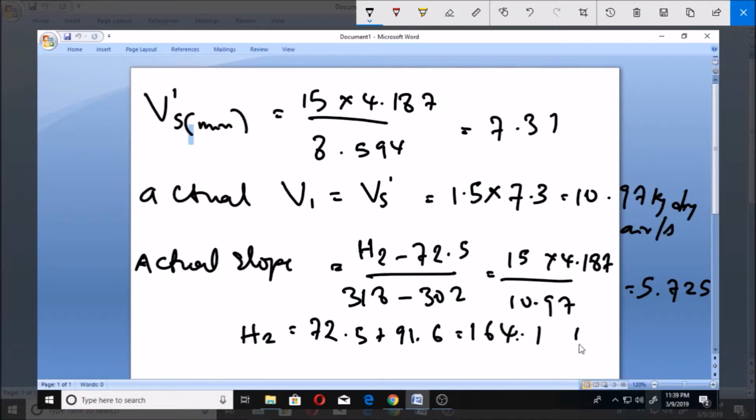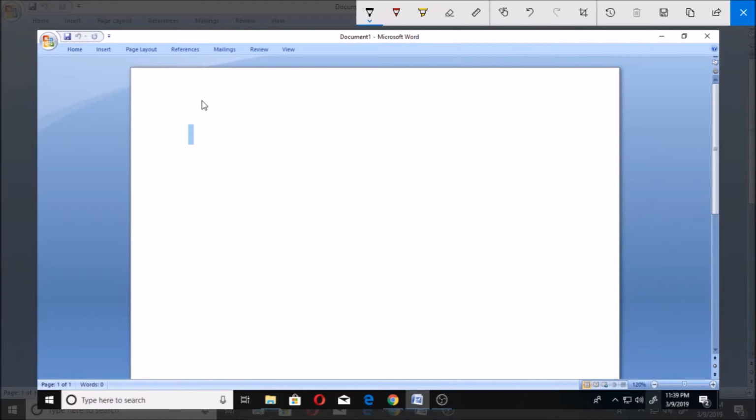So that we can now establish the operating line. So we can say now that the operating line is established with this. Having done this, we can now move down to solving for Gx, the liquid rate actually.